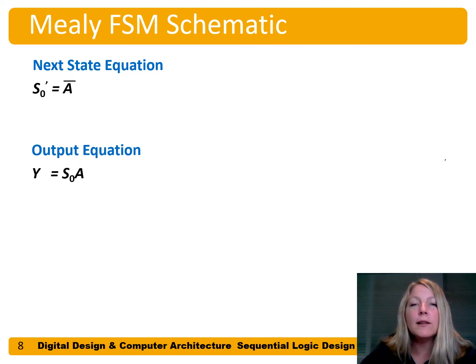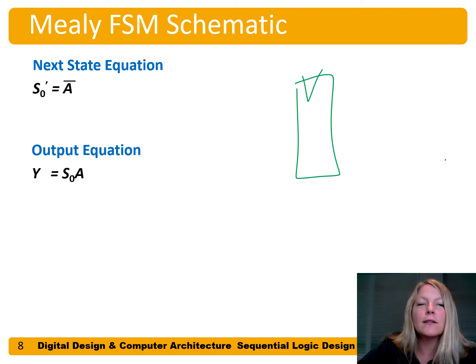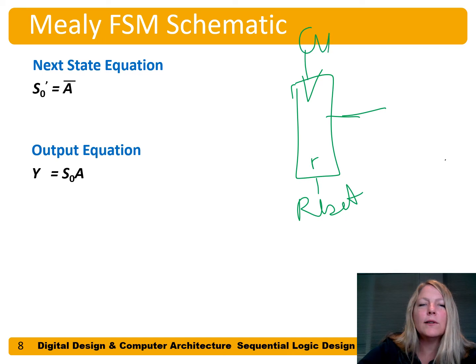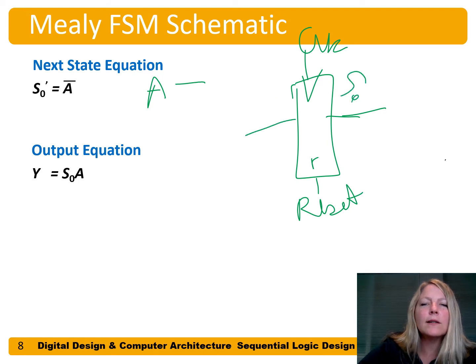And we can draw the Mealy FSM schematic in the same way. In this case, we have one bit of state, so we have a 1-bit state register. And we have our reset and clock inputs always, and then we also have our input A. So here's our S0, the state bit.